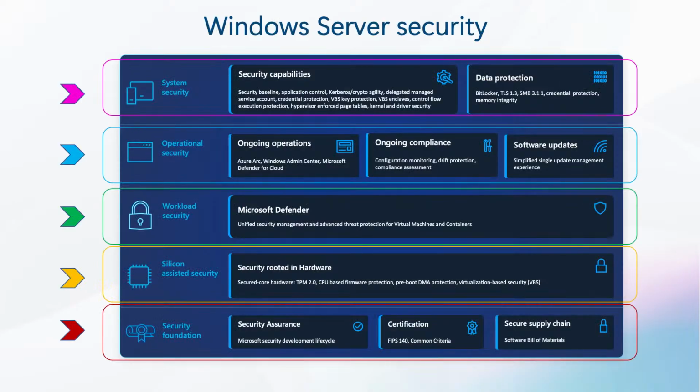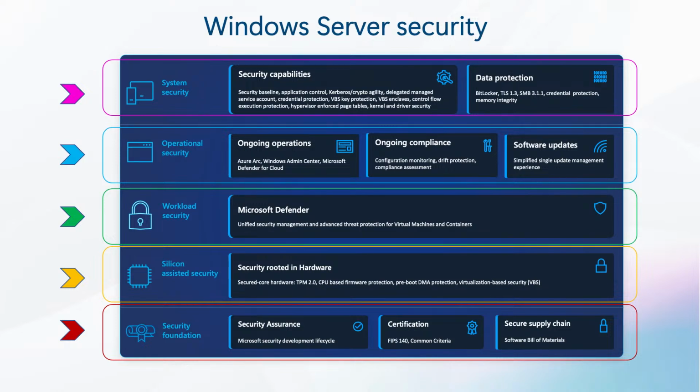With Windows Server 2025, we introduced a tailored security baseline, and we continue to improve on that. With application control, you have the ability to restrict the applications that run on your system. We have made a number of improvements to Kerberos. For instance, we have deprecated or removed weak cryptography like DES, and we are driving towards adoption of strong cryptography like AES and post-quantum cryptography.